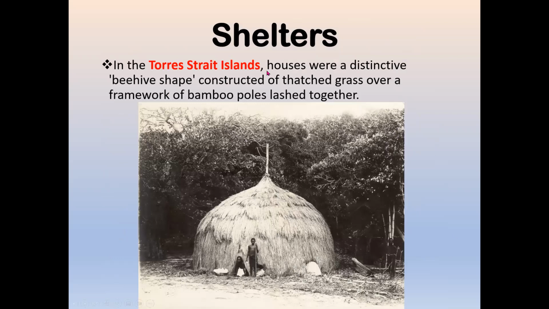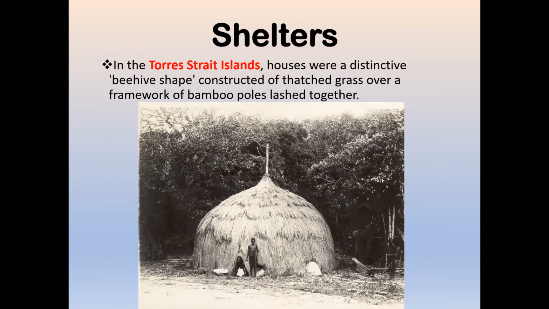In the Torres Strait Islands, very distinctive, they're called the beehive shape, made from thatching, the grass over bamboos. I have no idea when the photos were taken, as where I got them from didn't give an indication of time. There are three. There's a person here on the right, and these two, to give you an idea of the size of this hut.